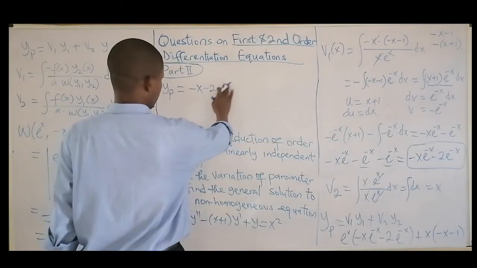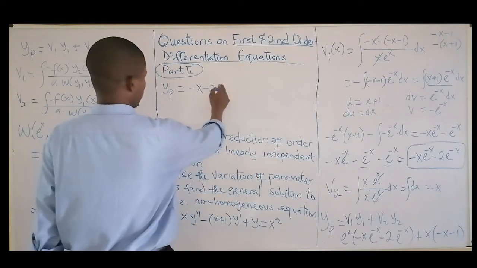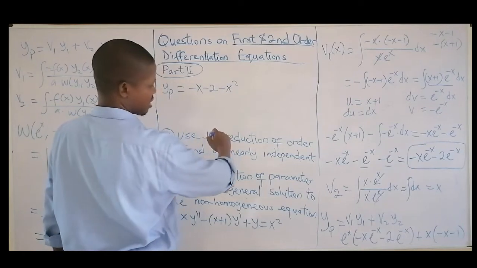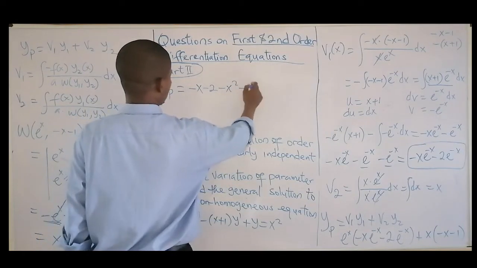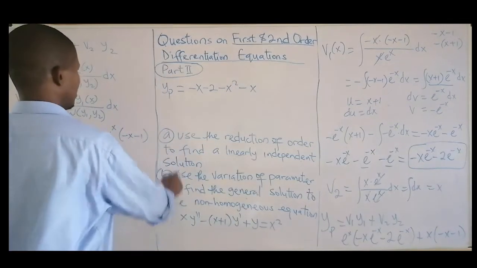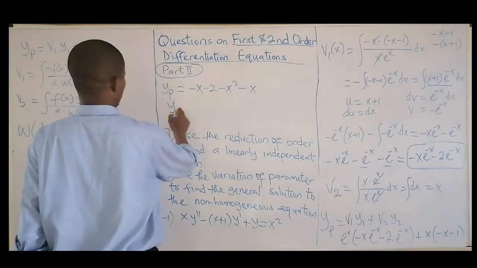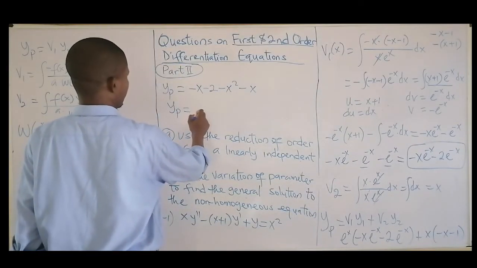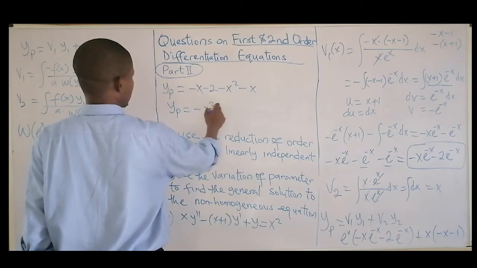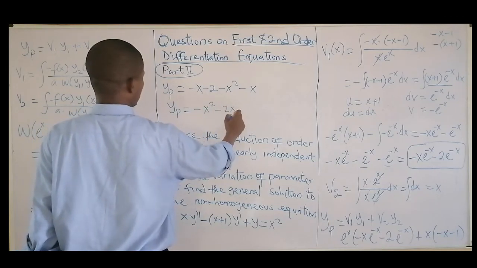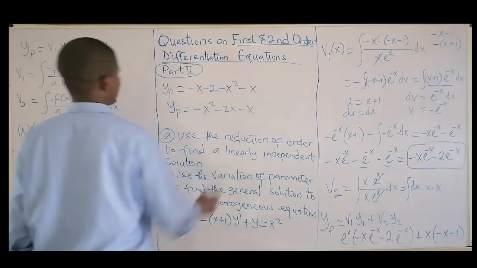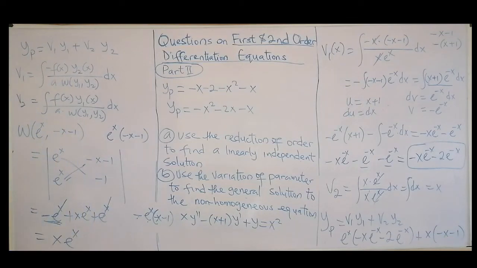So that will be equal to, if you do the expansion, minus x squared, and then minus x. So we have, in this case now, yp is equal to minus x squared minus 2x minus x. So that's the particular solution.